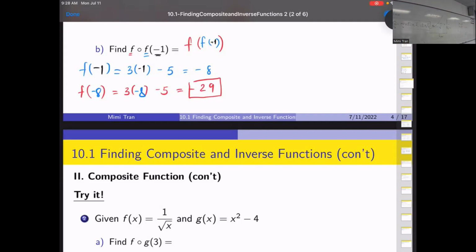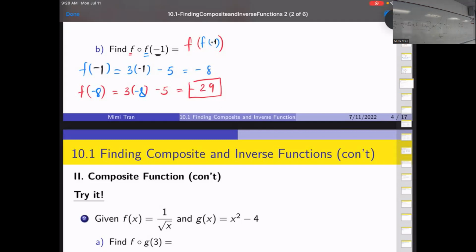See how I rewrite F, which is the outside function, the red one, and then parenthesis, and then the inside function will be the next one. The outside will be, no, the outside not F. The outside one is G. You start with G. Big parenthesis.